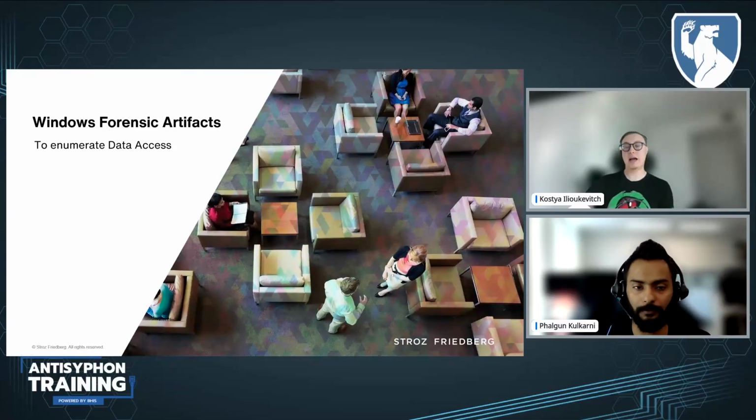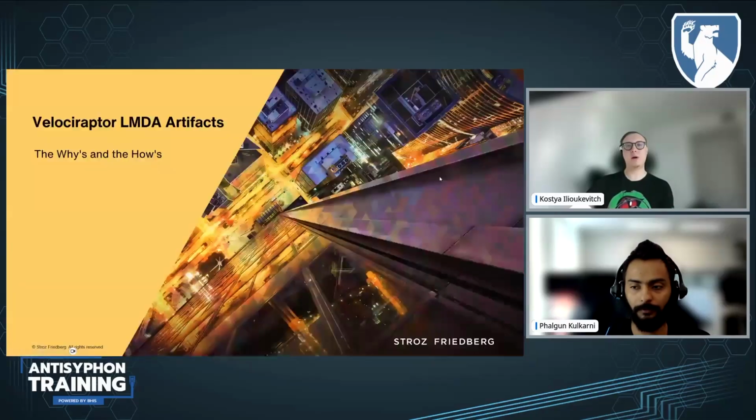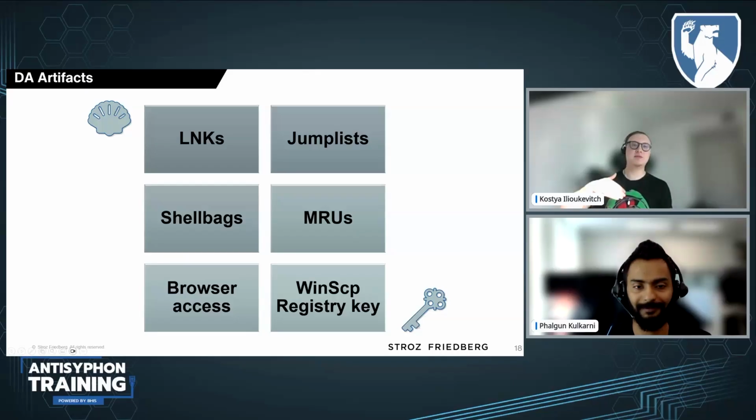Moving on to the data access perspective, in terms of what we consider for parsing for DA, as already mentioned, we talked about shellbags and LNK files and their use in not only identifying lateral movement but, more importantly, identifying data access. Jump lists, as Phalgun had earlier pointed out, are a Windows feature that can be used to identify data access.